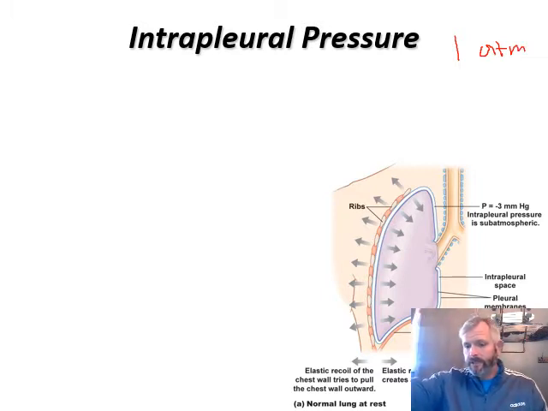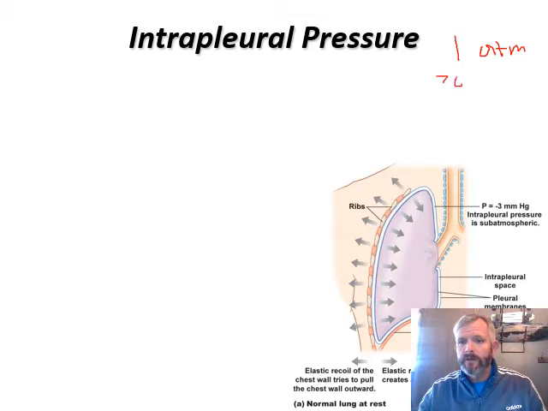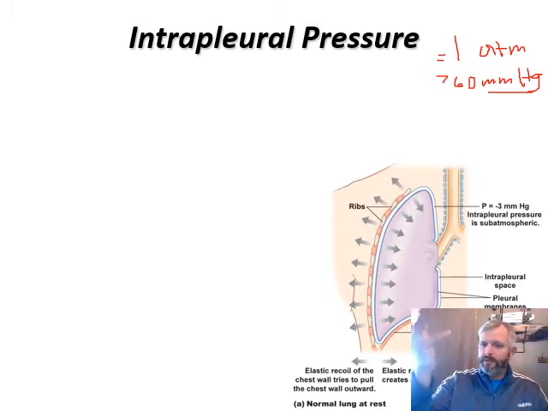That's the pressure out in the air, or one you might have commonly seen, 760 millimeters of mercury. This is another measure of pressure, just a different unit, but these would be roughly equal to each other. Okay, 760 or 1 atmosphere.